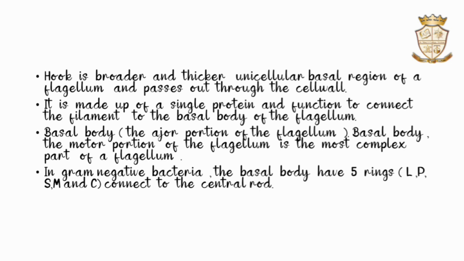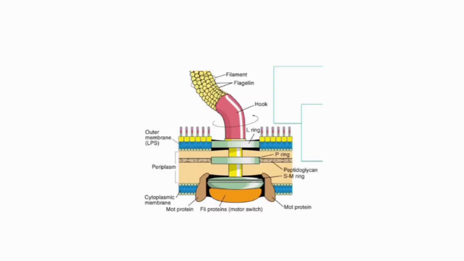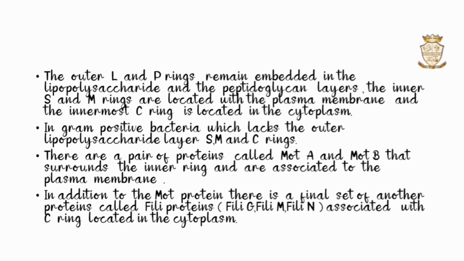In gram-negative bacteria, the basal body has 5 rings. These are L, P, S, M and C. These rings are connected to the central rod. Then this is the typical picture of flagella. The outer L and P rings remain embedded in the lipopolysaccharide and the peptidoglycan layers.